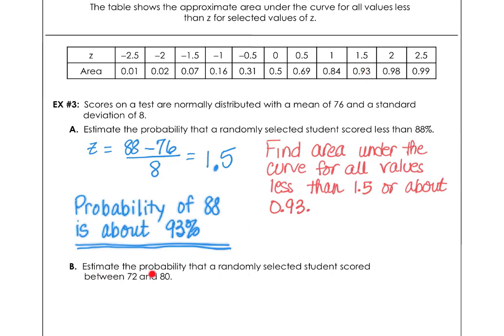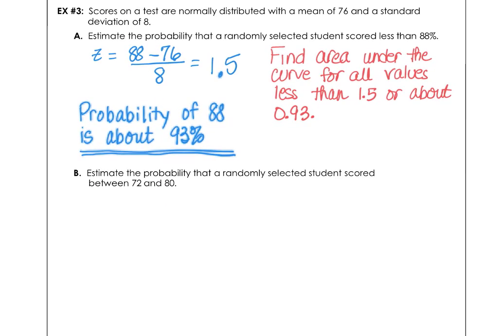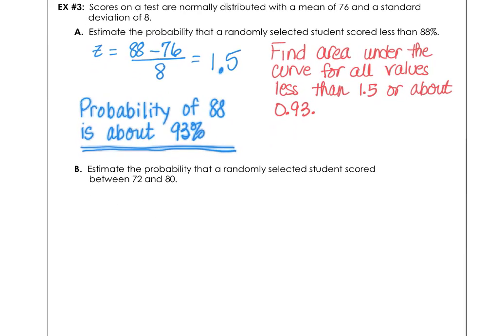In part B, if we estimate the probability that a randomly selected student scored between 72 and 80, we're going to have to find two different z-scores. First, 72, the low end: the z-score is 72 minus the mean, that was 76, divided by the standard deviation of 8.